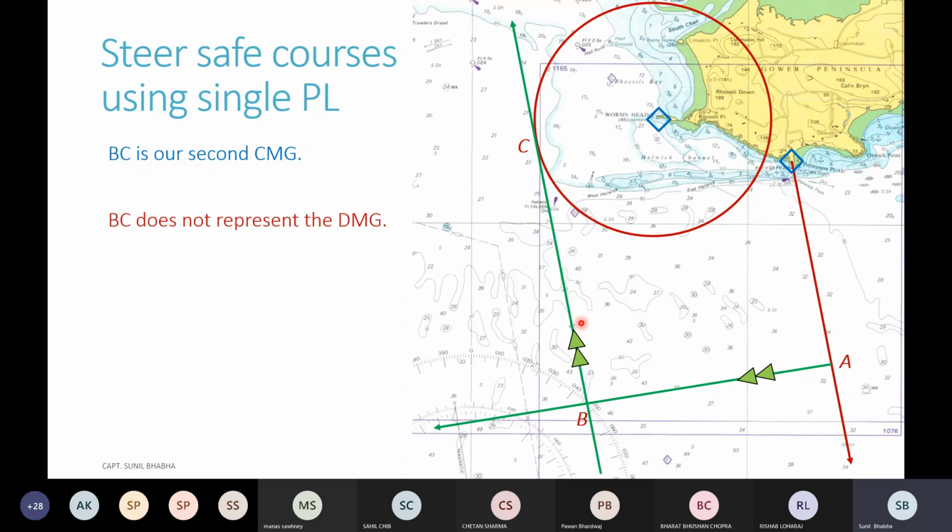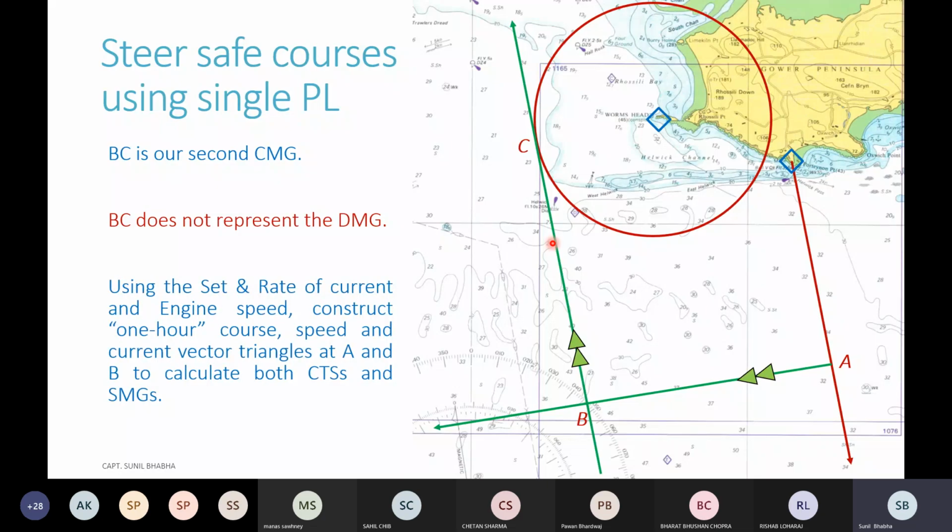Alpha and Bravo are arbitrary points picked up by us to do the plot. They are not the actual positions of the ship. So the ship could be anywhere on this line BC, not necessarily at point B only. So BC does not give us that distance made good, but BC direction gives us the course made good.